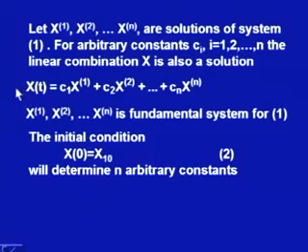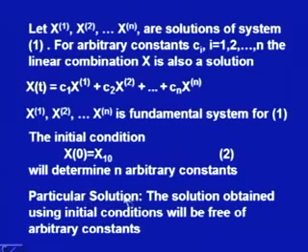So, at this state, these are arbitrary constants. x1, x2, xn are n solutions, their linear combination is also a solution, but if we use this initial condition, then all these c1, c2, cn will be determined, and what we have is a particular solution. So, a particular solution is the solution obtained using initial conditions, which will be free of arbitrary constants.